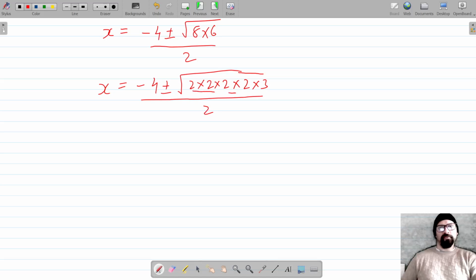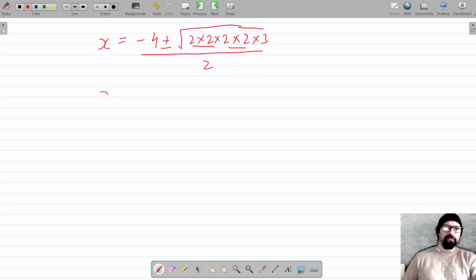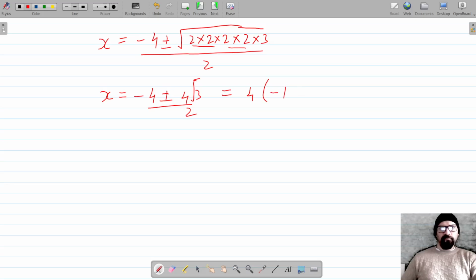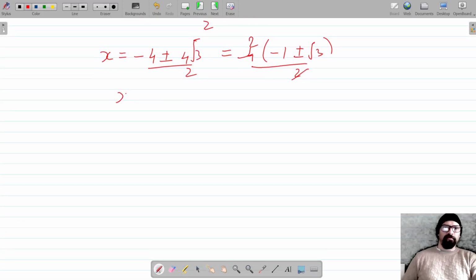So this comes out, and we have x is equal to negative 4 plus or minus 4 root 3 by 2. Here 4 is common, so this is now negative 1 plus or minus root 3 by 2, which is 2.